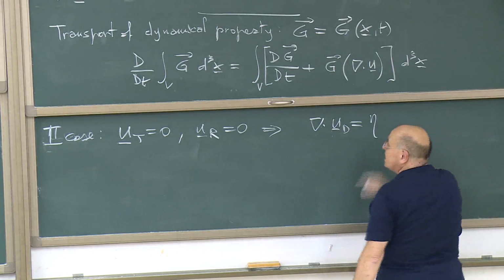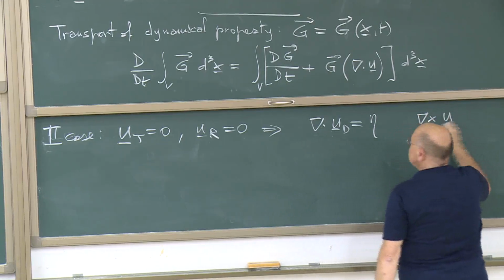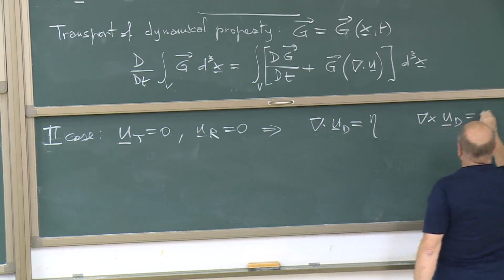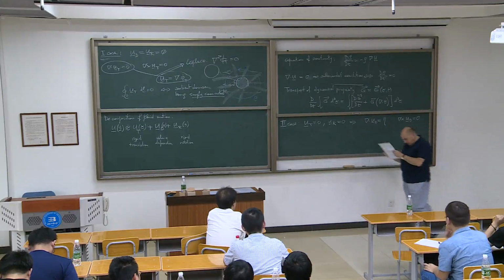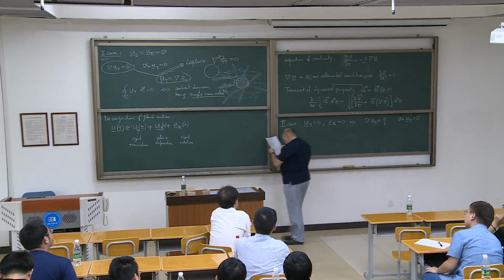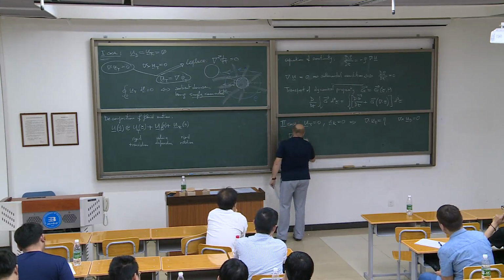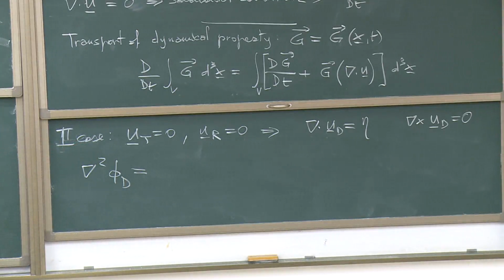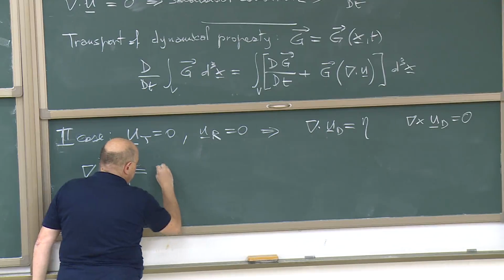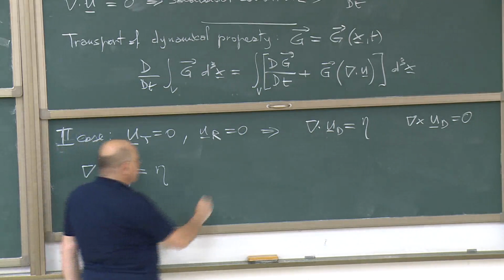And the other one, we have no rotation. So clearly this UD is not rotating, is not contributing to rotation, otherwise we contradict our assumption. And then in this case, we quickly get to this equation, but now it's not 0 anymore. It's eta. This has a name, and sometimes mathematicians don't recognize this with a name.